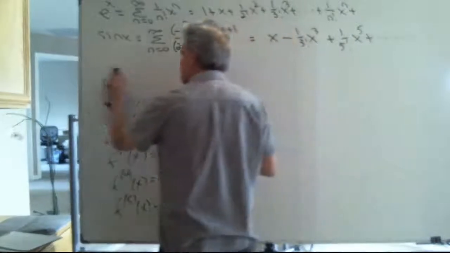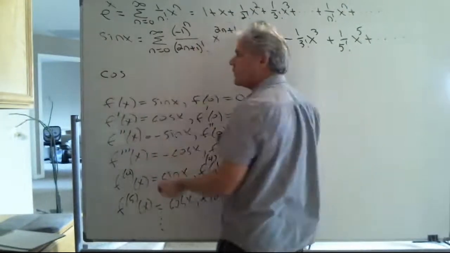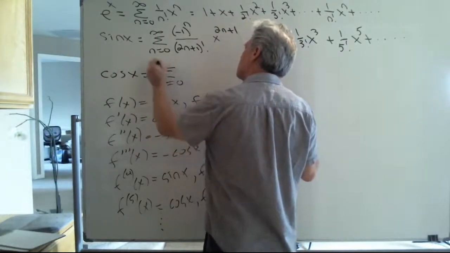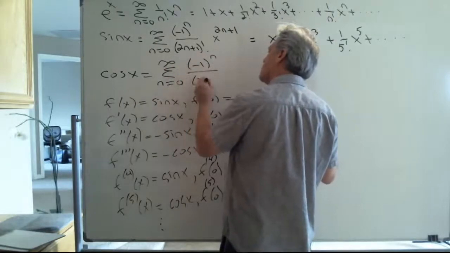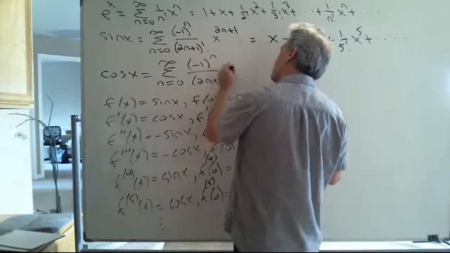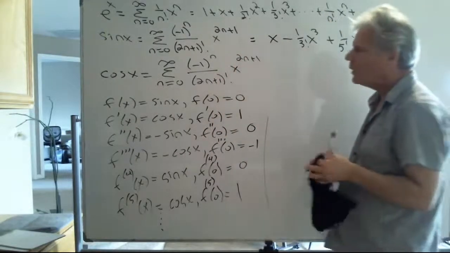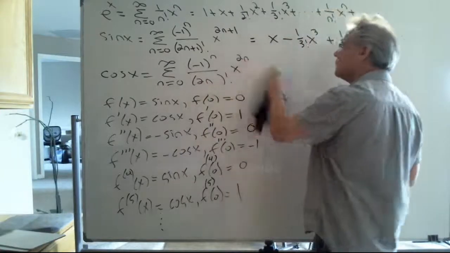In a very similar fashion, you on your own can show or derive this for cosine. I won't because it's so similar to what I've just done. It's the same thing. The only difference is I don't have a plus 1 here or here.